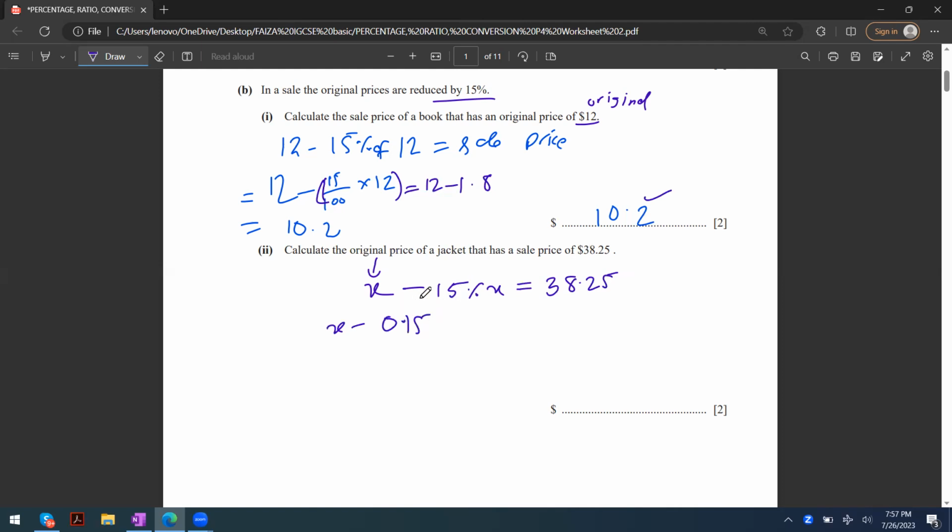You can just move two decimal places back. So 0.85x, 1 minus 0.15, equals 38.25. This 38.25 divided by 0.85.